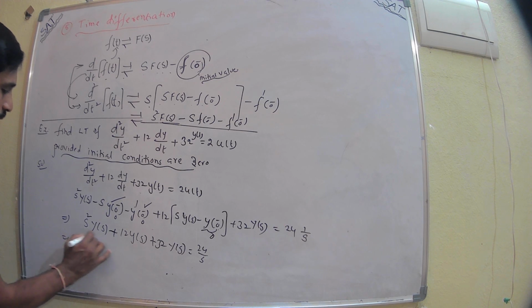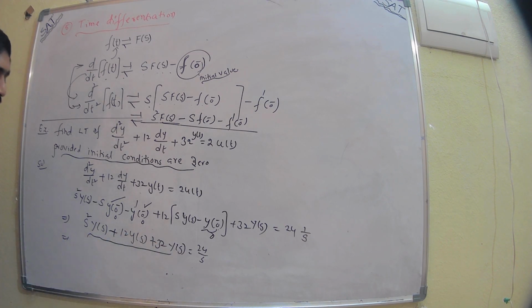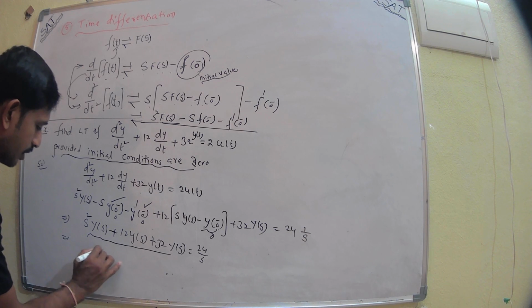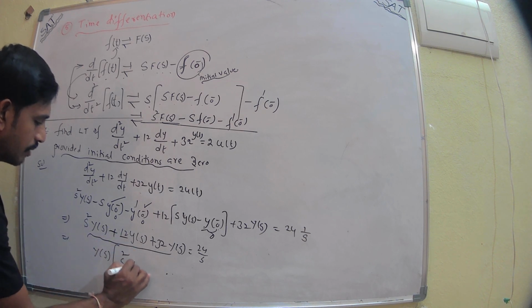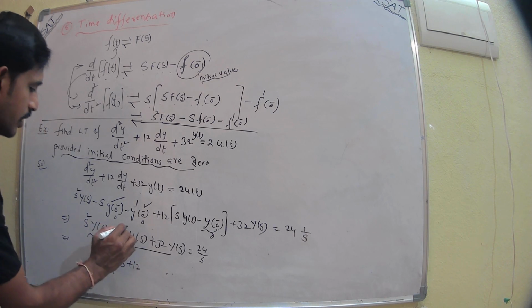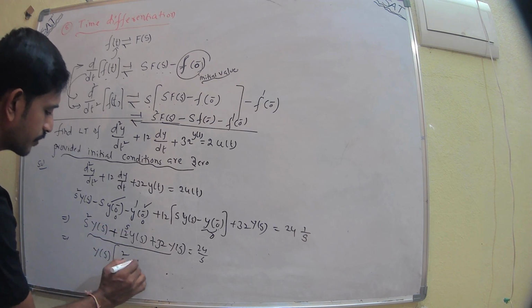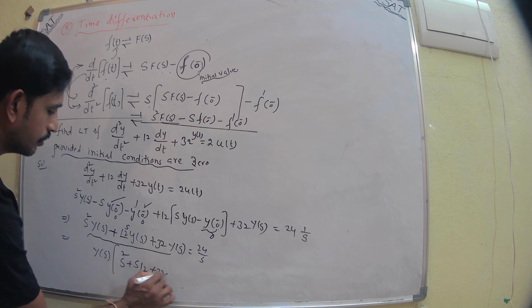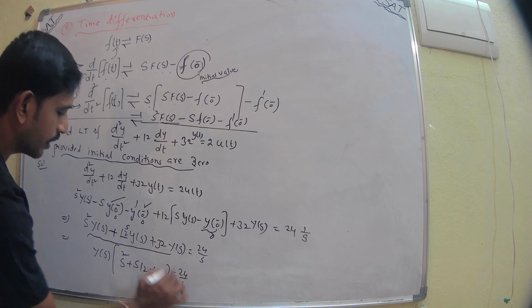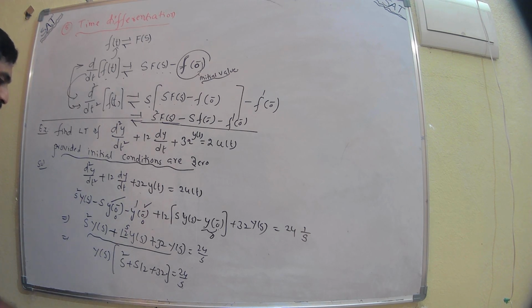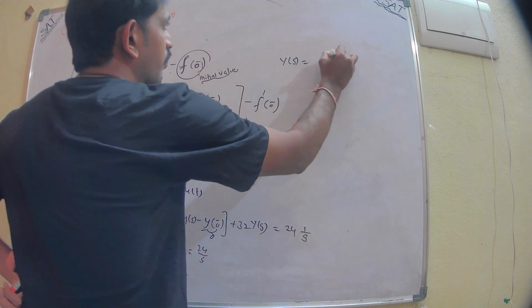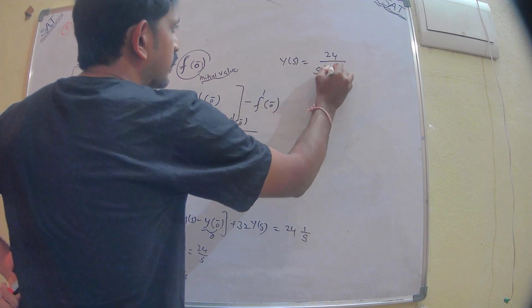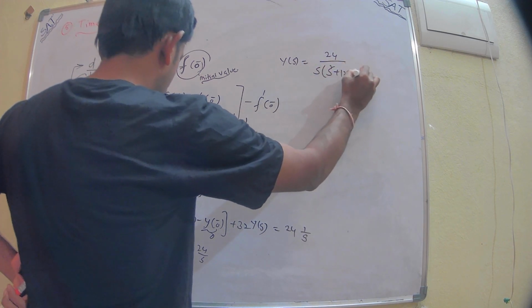In all terms, Y of s is common, so Y of s into s square plus 12s plus 32 is equal to 24 by s. Bringing this to the other side, Y of s is equal to 24 by s into s square plus 12s plus 32.